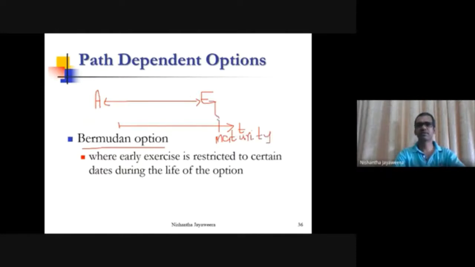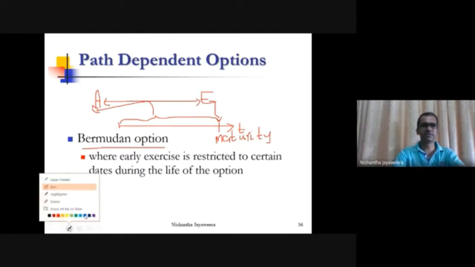European style allows you to exercise your right only on the maturity. American style, you can do it anytime. But the Bermudian, it's in between America and Europe, no, Bermuda.